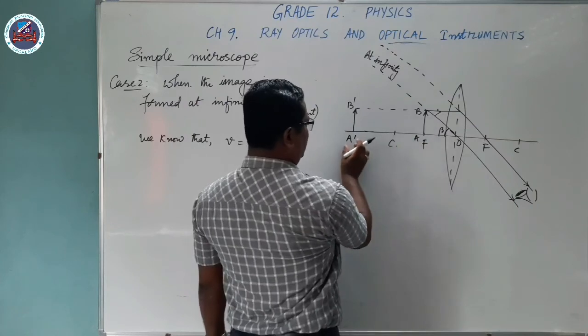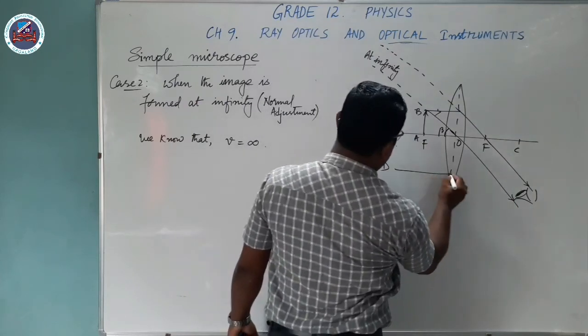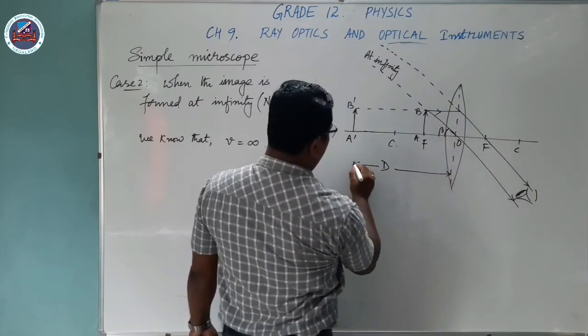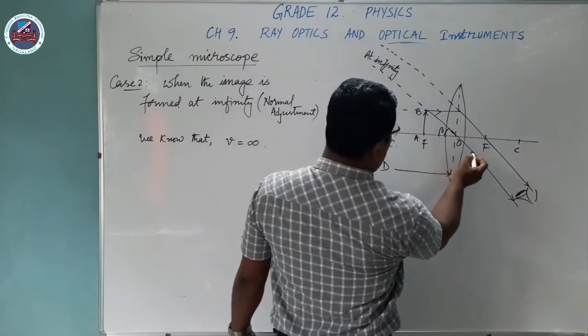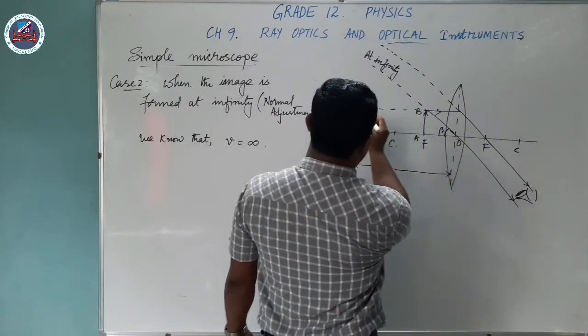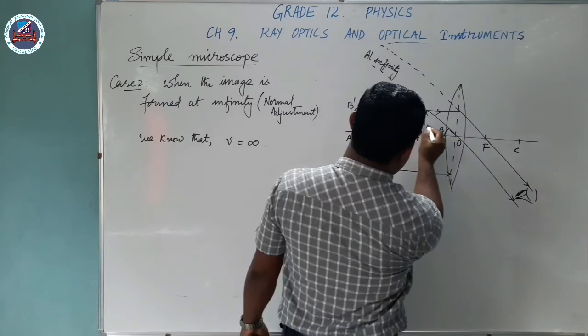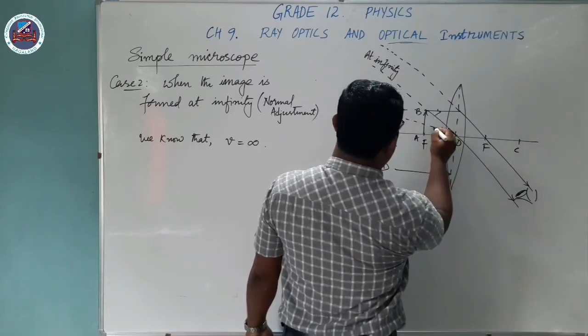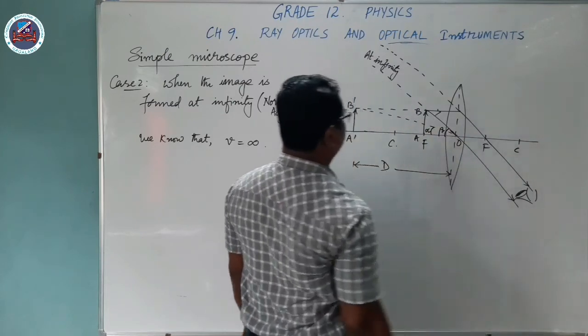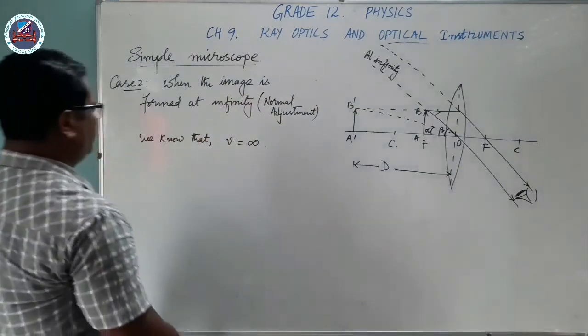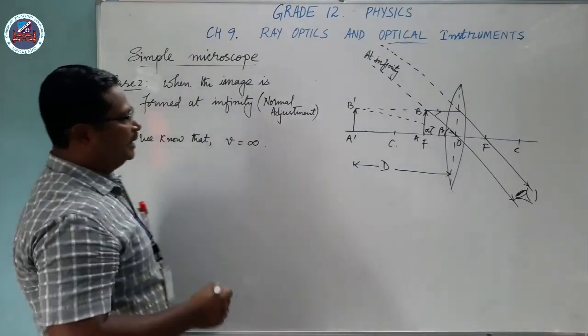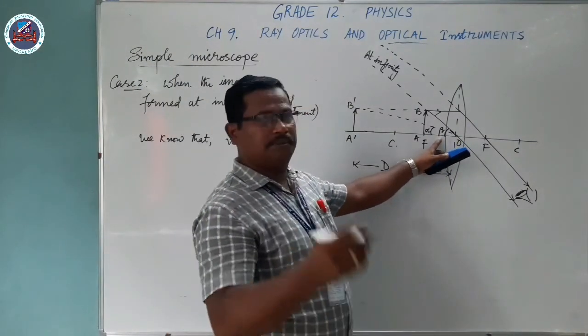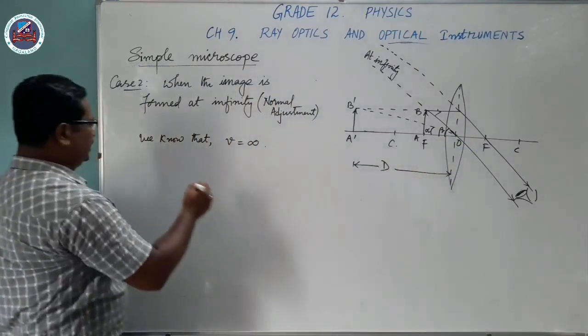The object is brought here at the least distance of distinct vision, and then without using the lens you are looking at the object, then it will look like this. This will be alpha. So now if I use the formula, as we know, tan beta is equal to beta only, so directly you can take it as beta.